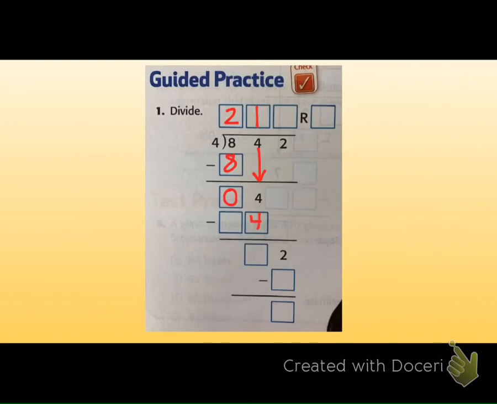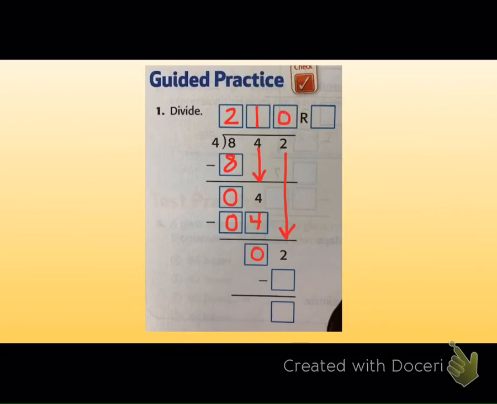We subtract that, and we get 0. We bring down our last digit of this problem. That 2, how many times does 4 go into 2? Would 1 time work? 1 times 4 would be 4? No. It has to be 0 times.